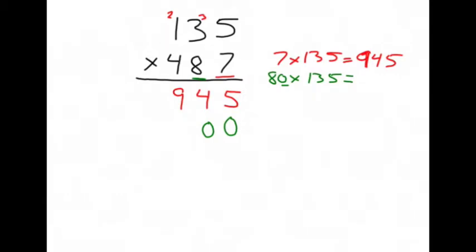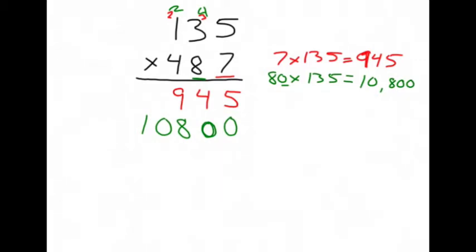So 8 times 5 is 40. Regroup the 4. 8 times 3 is 24. Plus 4 is 28. Regroup the 2. 8 times 1 is 8, plus 2 is 10. So 80 times 135 is 10,800.